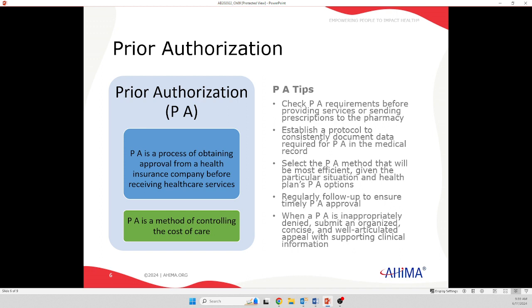There are some tips over there that show you the steps. Check that before providing services or sending prescriptions. Establish a protocol to document required. Select the method that will be most efficient. Regularly follow up. When it's inappropriately denied, submit an organized, concise appeal.